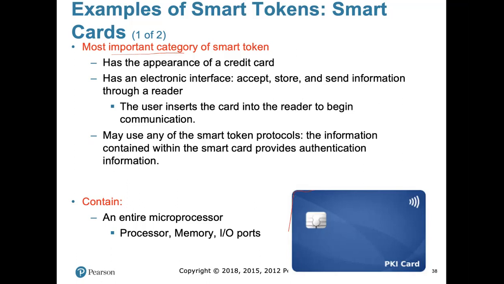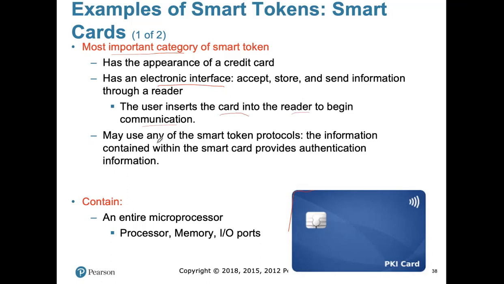They are mostly the size of credit cards, and they have almost all of the features that I mentioned. They have an electronic interface that accepts, stores, and sends information through a reader. And the way they work is the user inserts the smart card into a reader to begin a communication.